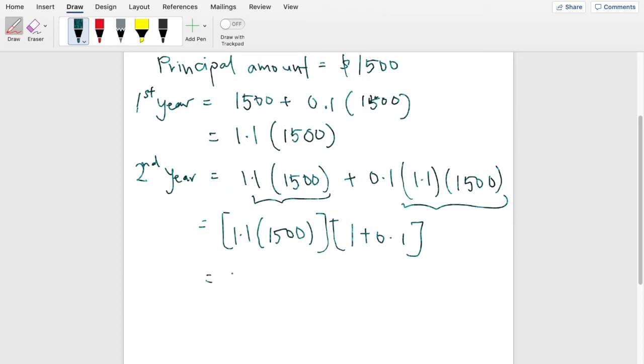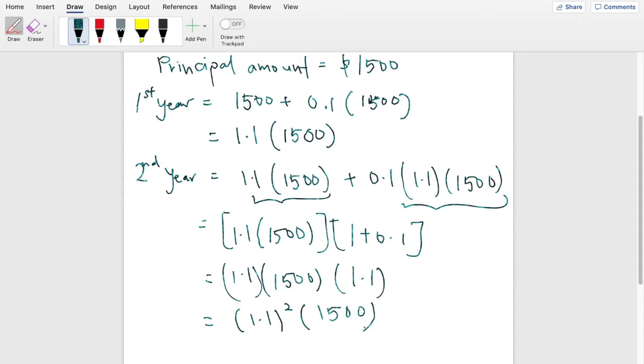So what we have here is 1.1 times 1500 times 1.1. So what you see here is 1.1 squared times 1500. See that?